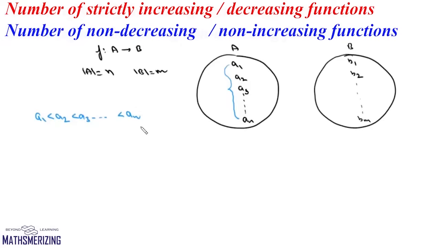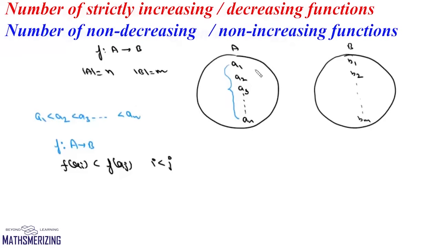So the question will either be to find the number of strictly increasing functions from A to B, or they may ask you to find the number of functions from A to B such that f(Ai) is less than f(Aj) whenever i is less than j. Now we know that any strictly increasing function is a 1-1 function.